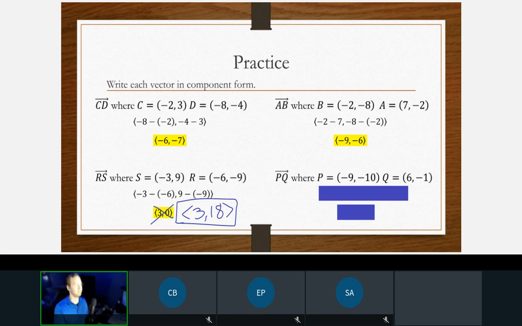Jacob got -15, -9. Chloe 15, -9. Sarah 15, -9. Emily negative. Okay, so Emily and Jacob got the same answer.